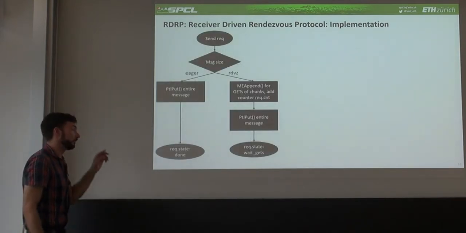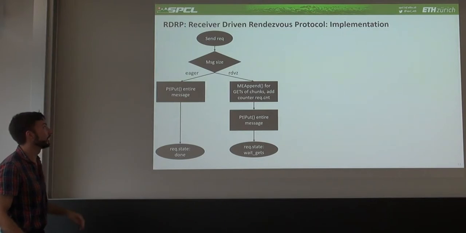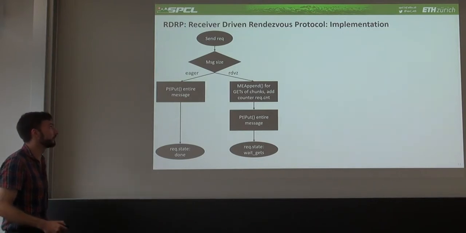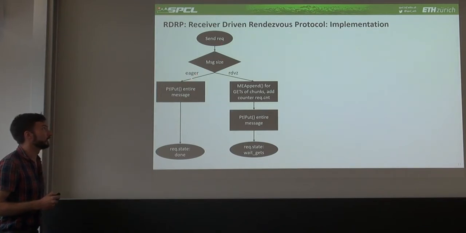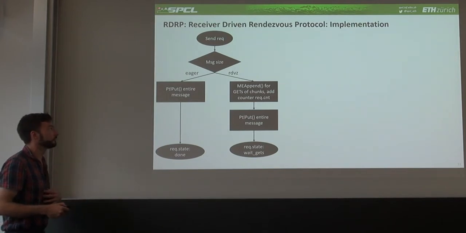So let's go a bit into the details of the implementation. How do we actually implement this protocol? A send is very simple. For a send, we just make a decision based on the actual message size. If it's a small message, we use the eager protocol, and we simply send the entire message, which is basically only one chunk.